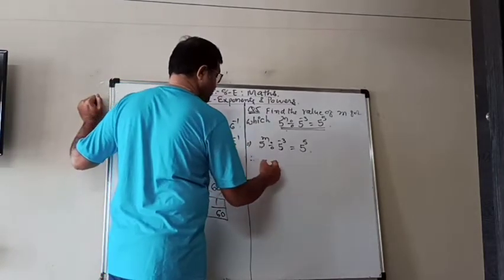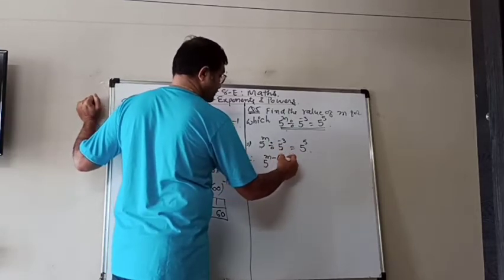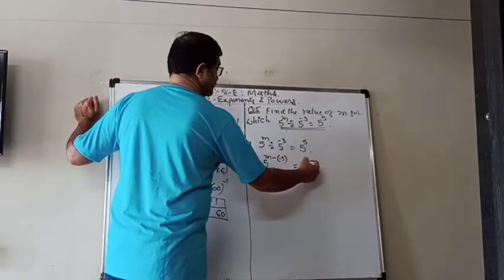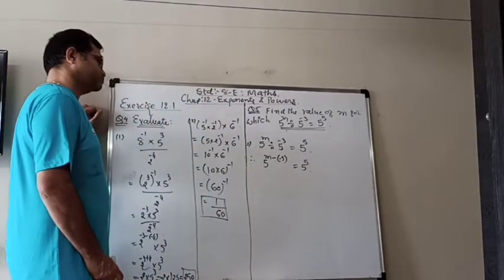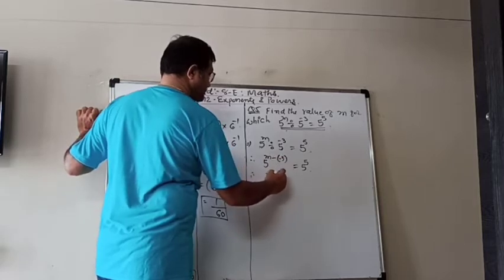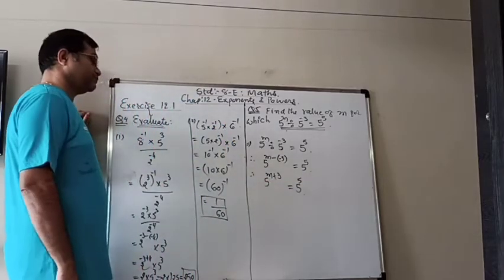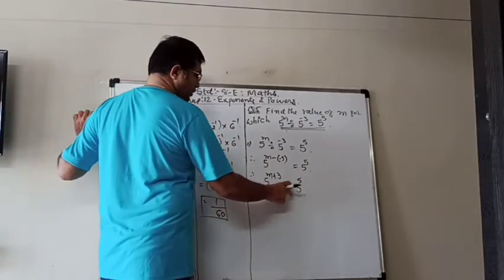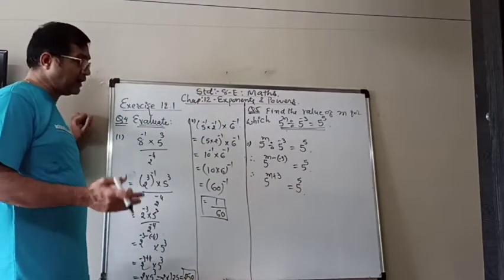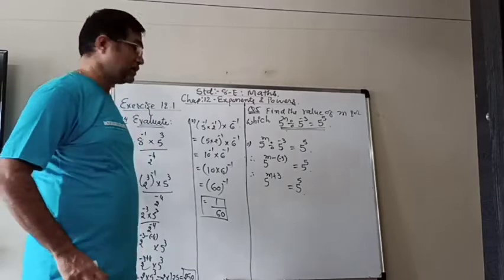So therefore 5 raised to m minus, what is here, minus 3 is equal to 5 raised to the power 5. So now, minus minus is plus, so 5 raised to m plus 3 is equal to 5 raised to 5. Now here you can see that on both sides bases are equal. So when the bases are equal and both sides answers are equal, it means that the powers are also equal.